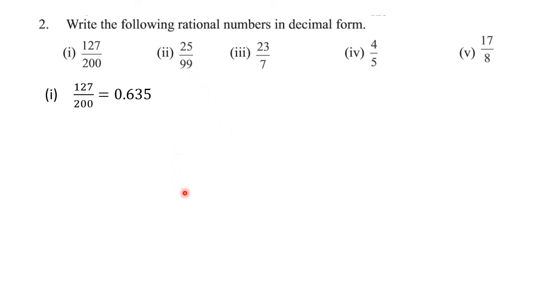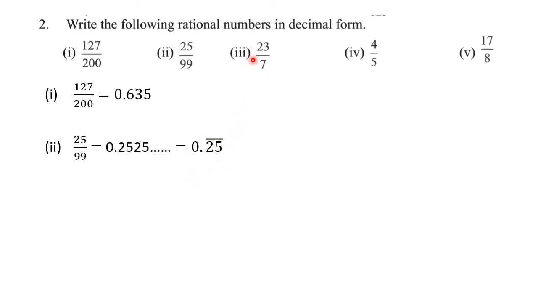So 25 divided by 99, if you divide, you are going to get the answer like this. Okay, 25 upon 99, you are getting 0.2525 and so on. The division is never ending. It is recurring type. You can clearly see here 99 is there. Okay, so we can express it like this, 0.25 recurring.